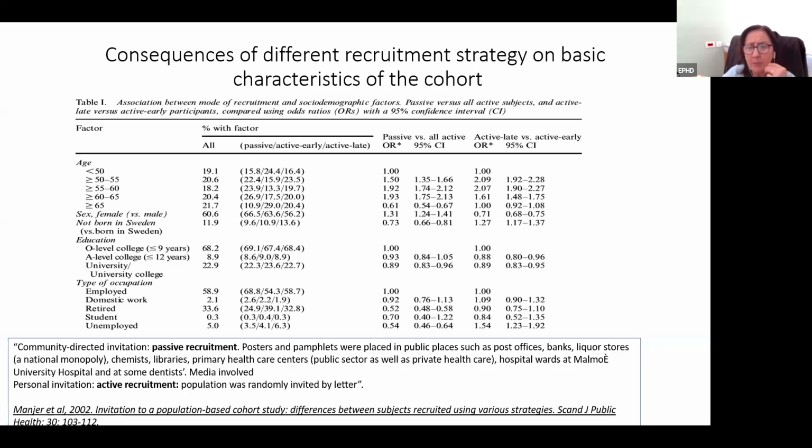So can anyone pick up? Can we look at education? If we look at education and look at university, can anyone interpret the 0.89? Please take your time, think about it, and I'd like one of you to interpret and tell me what you understand from it.